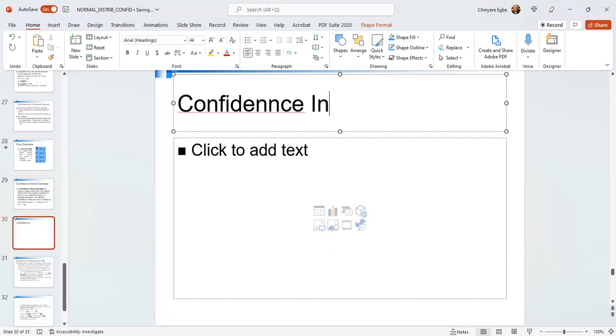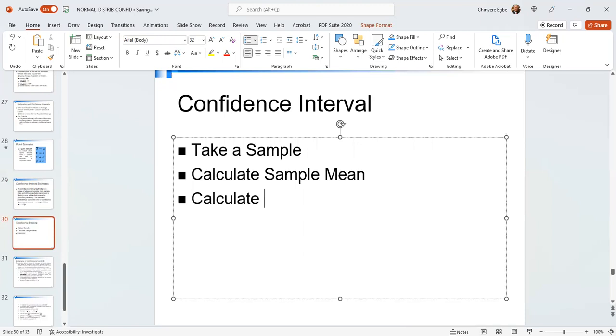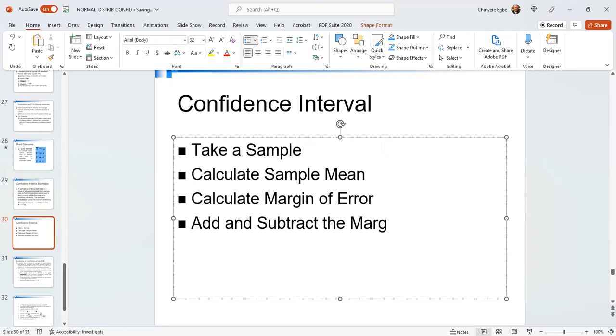Take a sample, calculate X bar, the sample mean. And then calculate the margin of error, and add and subtract the margin of error.